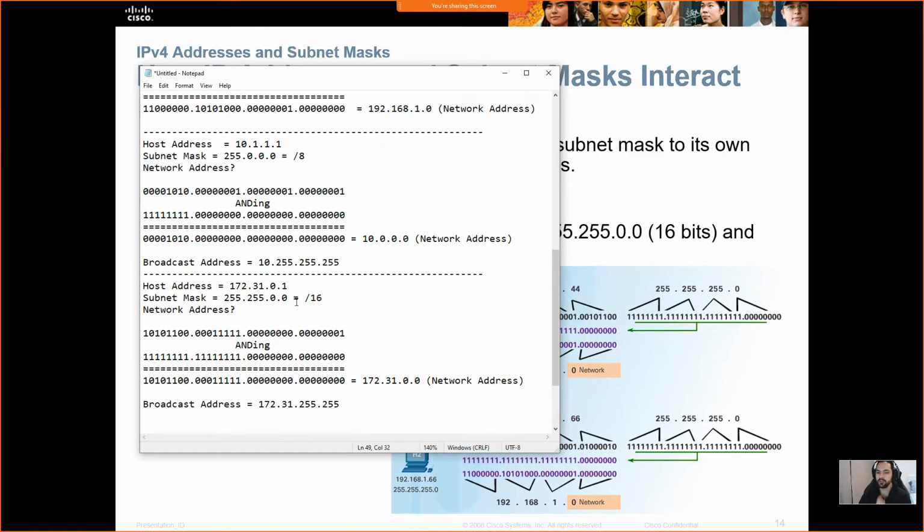Now you guys know what the slash notation is, and you see this is extremely important because no one will ever tell you a subnet mask, it's 255.255.255.0. It's not practical. So what we usually do is we say it in a slash notation because it makes our lives easier.